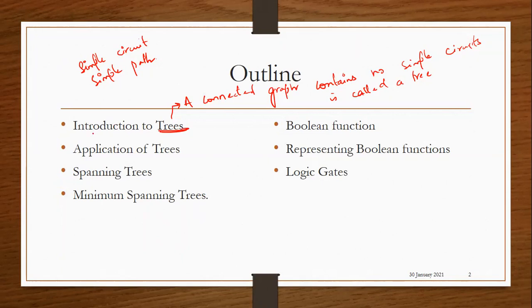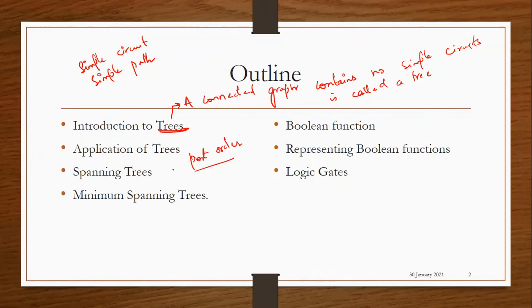Also, you might have seen the application of trees in the data structures topic, which is post-order, in-order, and pre-order traversal. Those kinds of traversal techniques also use the concept of trees. So basically, procedures for building trees containing every vertex of a graph, that is a spanning tree. So the extension of the topic graphs is trees, or a subtopic of graphs can be trees.